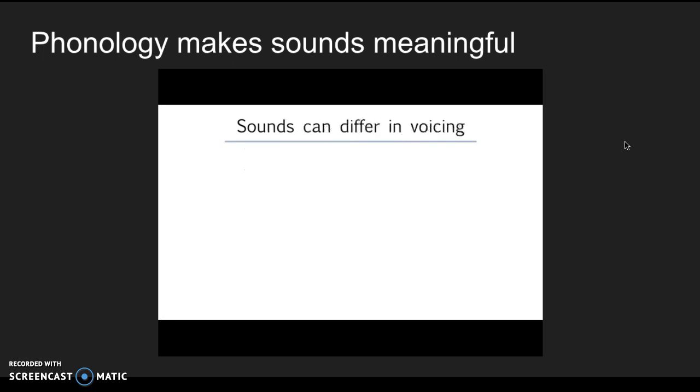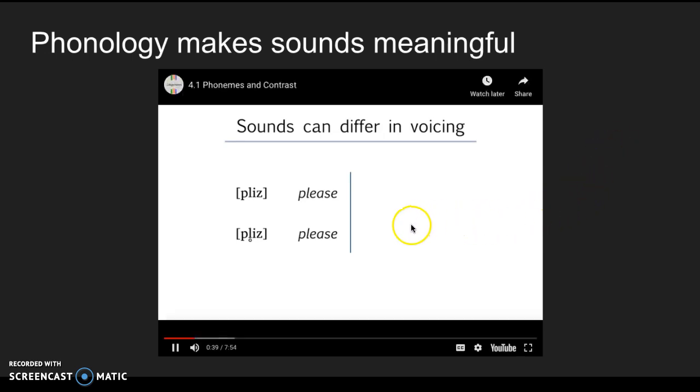In the English word please, I could pronounce it with an ordinary voiced L. It would be a little unnatural, but it's possible. Or, because of perseveratory assimilation, I could devoice that L and pronounce it voiceless. We've got two slightly different sounds here. Both are alveolar lateral approximants, but one is voiced and one is voiceless.